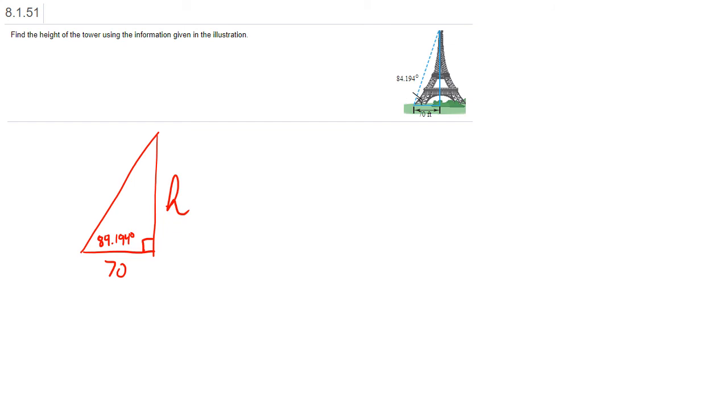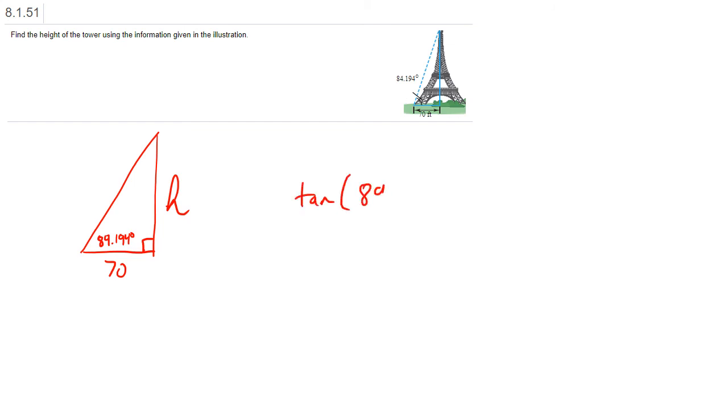So in terms of this angle, 89.194, the angle on the left, our unknown is the height, and we know that this base length is 70. So what trigonometric ratio of that angle involves the missing height and the known 70? Tangent or possibly cotangent.